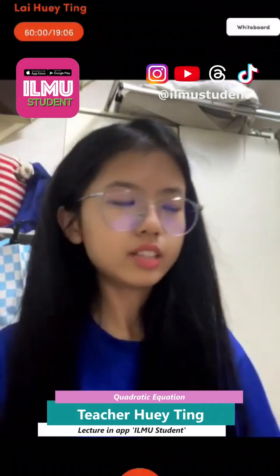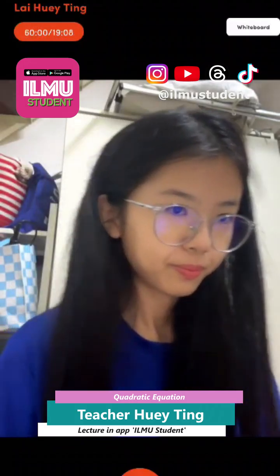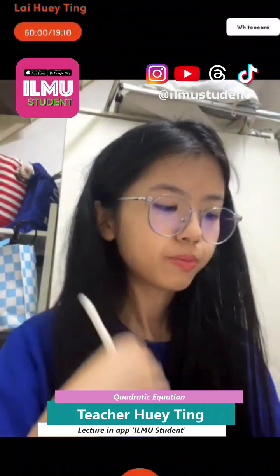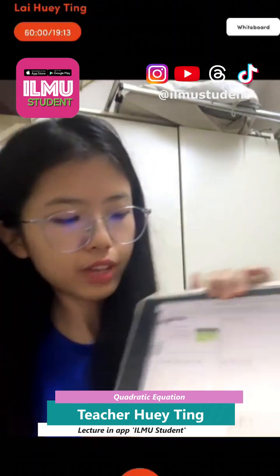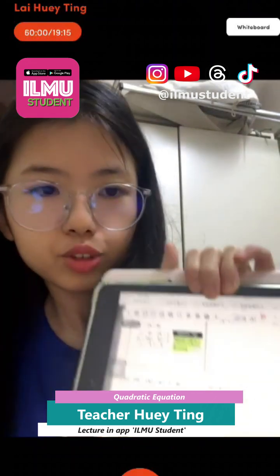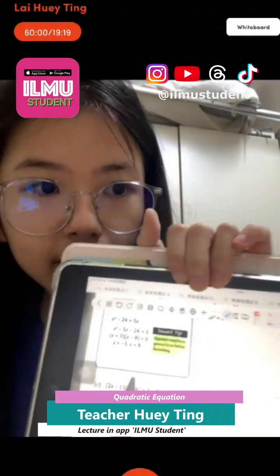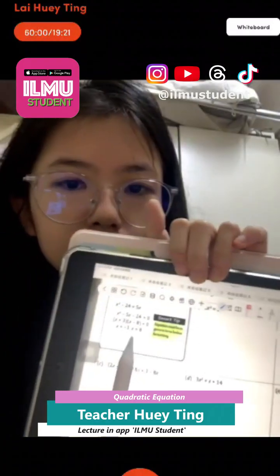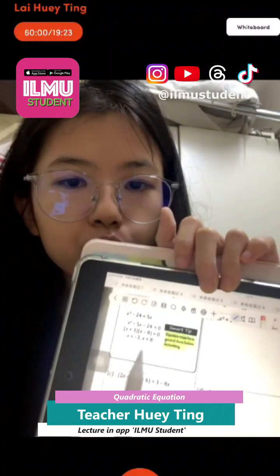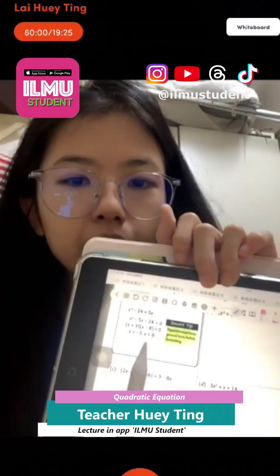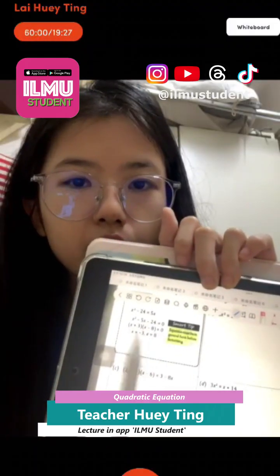So you can write the answer there. If the x value is negative 3 and also 8, we have to arrange it in the equation of the bracket: negative 3 becomes plus 3, and 8 becomes negative 8.